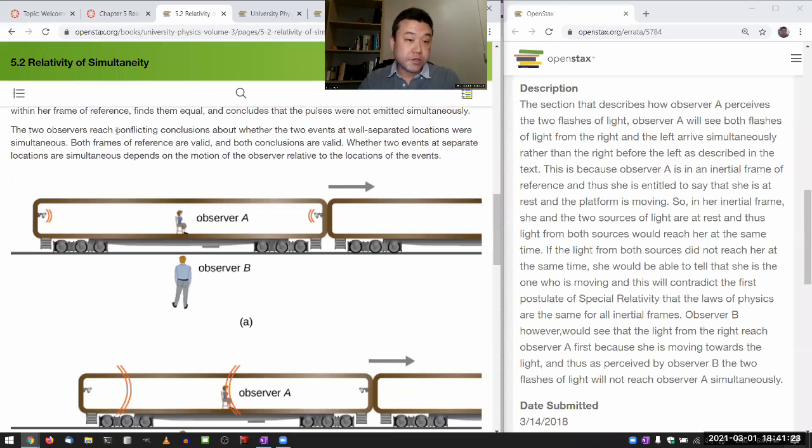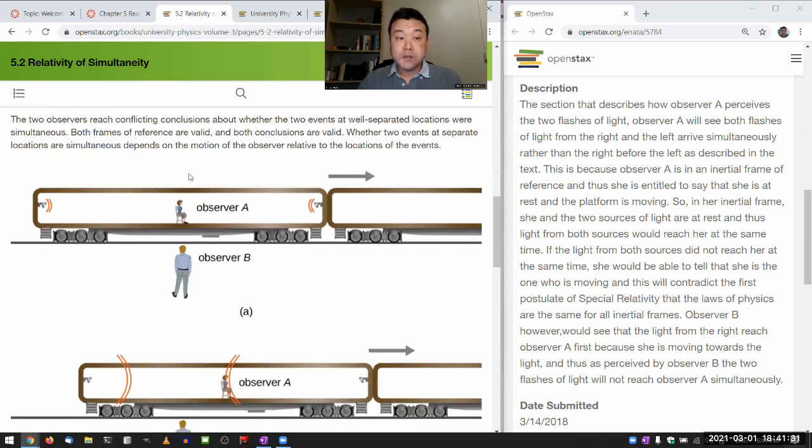The two observers reach conflicting conclusions about whether the two events at well-separated locations were simultaneous. Both frames of reference are valid, and both conclusions are valid. Conclusion 1 being observer B says they were simultaneous, and conclusion 2 being observer A says they were not simultaneous.